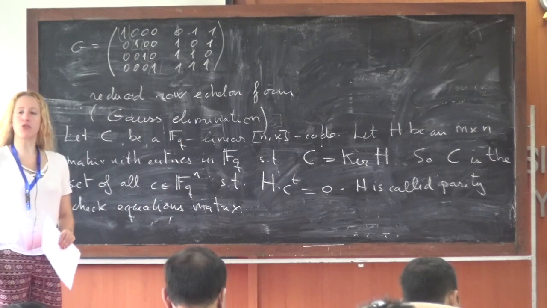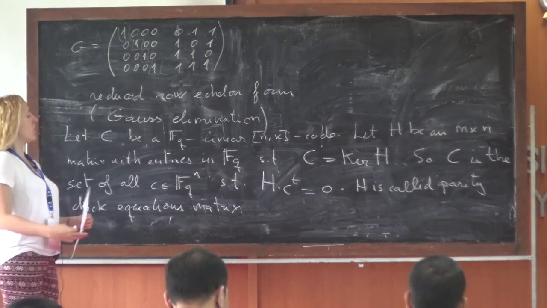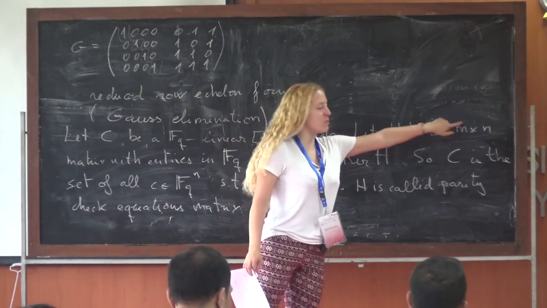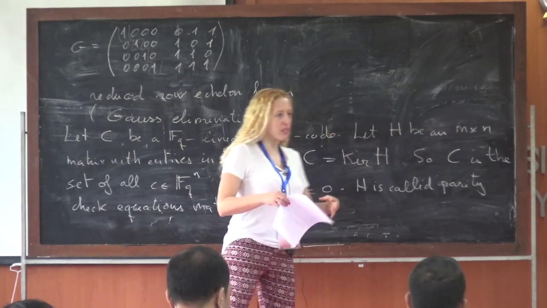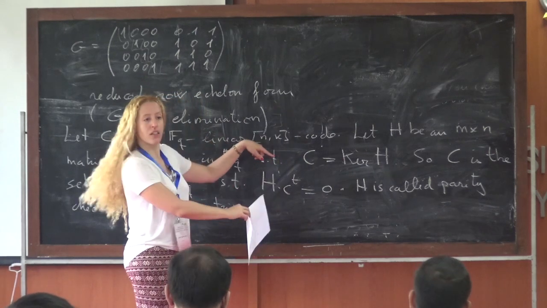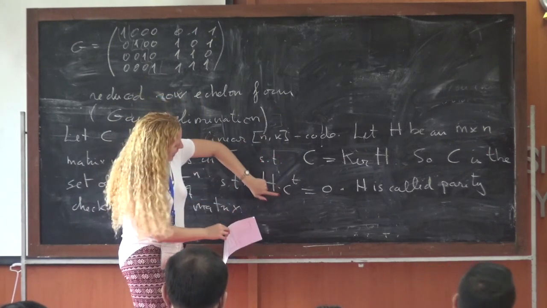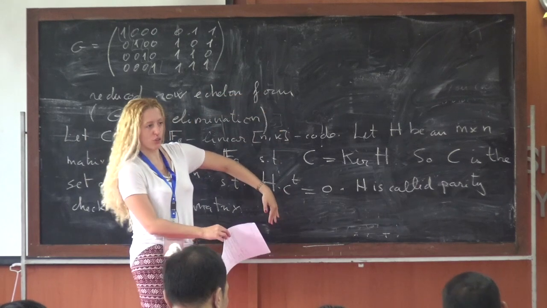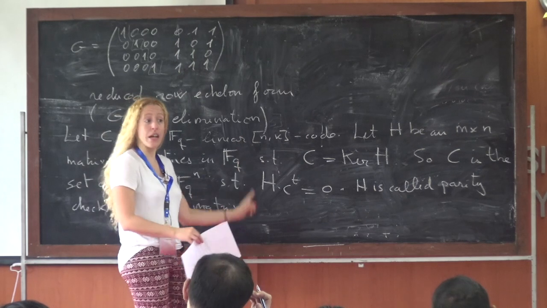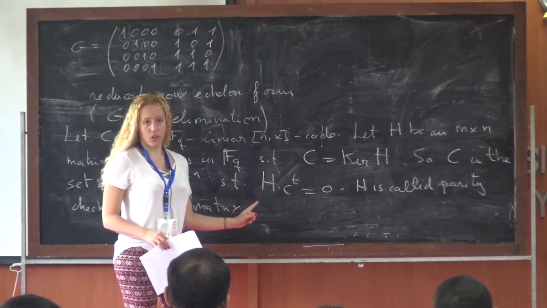So what can we say about M? So if you want N, H is an M times N matrix, okay? Because I'm multiplying like this, and the size of this vector is N. So this is why I need the N here. And the M actually is the number of equations, okay?